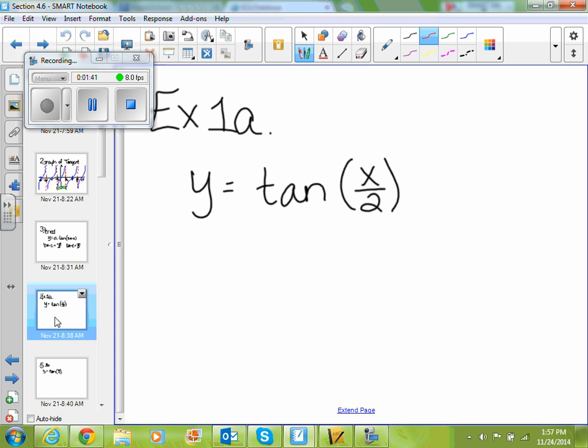Okay, so if we look at the graph y equals tangent of x over 2 and we want to graph that, the first thing that we have to find is our endpoints. To find our endpoints, we take that x over 2 and we set it equal to negative pi over 2 and to positive pi over 2.